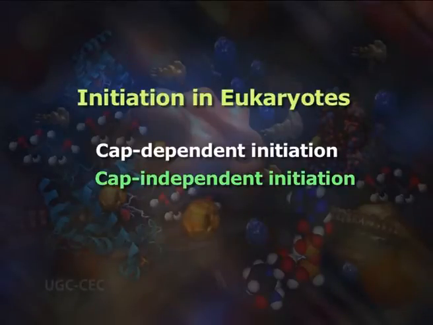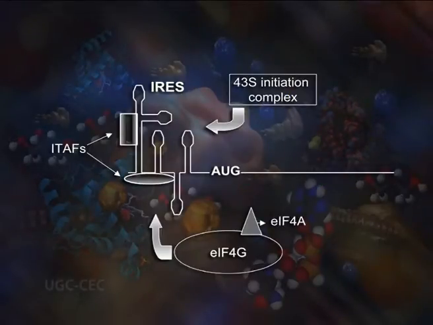Cap independent initiation. The best studied example of the cap independent mode of translation initiation in eukaryotes is the internal ribosome entry site, abbreviated as IRES approach. What differentiates cap independent translation from cap dependent translation is that cap independent translation does not require the ribosome to start scanning from the 5' end of the mRNA cap until the start codon.